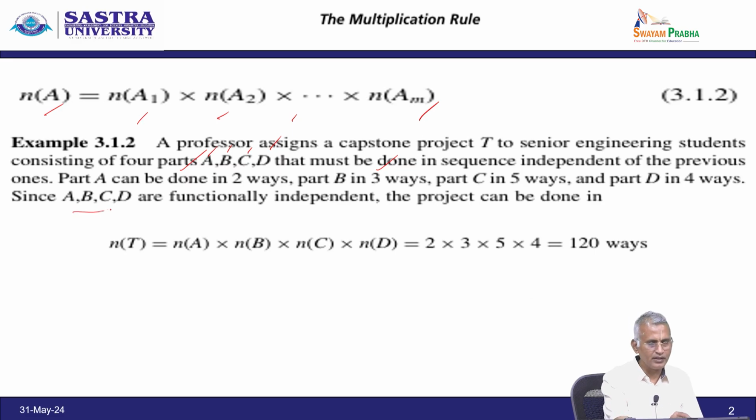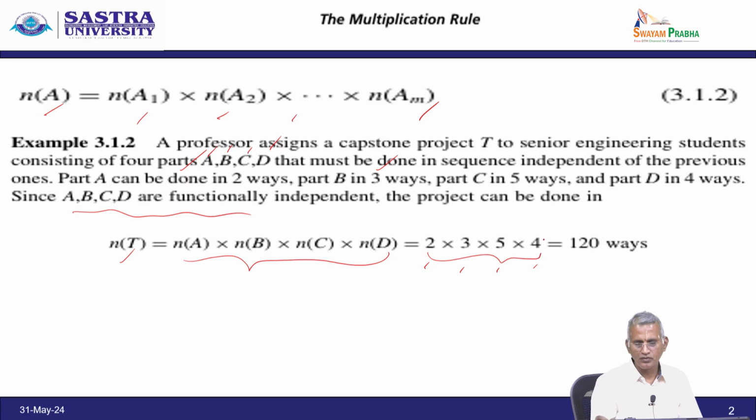Since A, B, C, D are functionally independent, the project can be done in n of T equals n of A into n of B into n of C into n of D, that is 2 into 3 into 5 into 4, which is equal to 120 ways. So, if they are independent, then apply the multiplication rule.